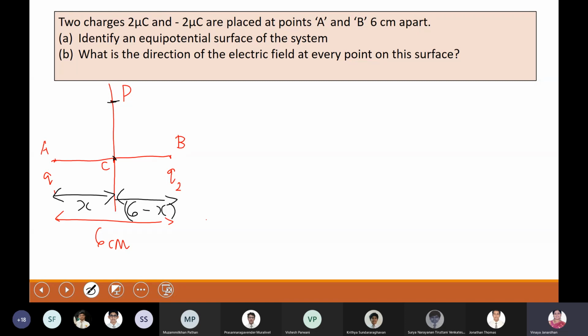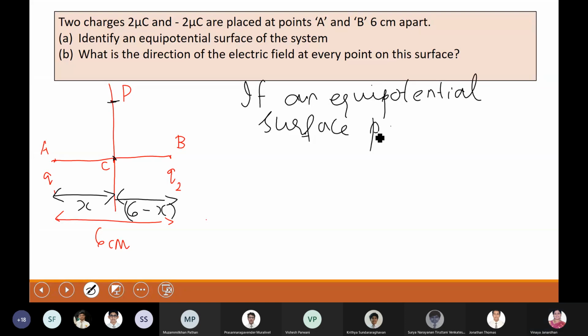If an equipotential surface passes through point C. Now, what do you mean by identify?